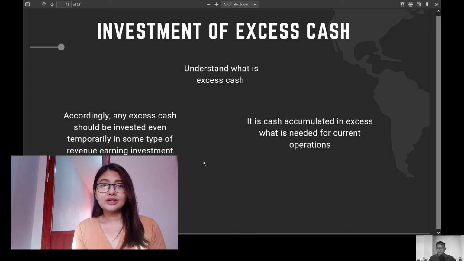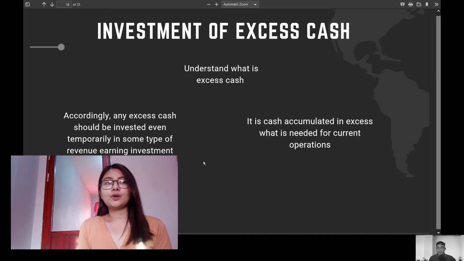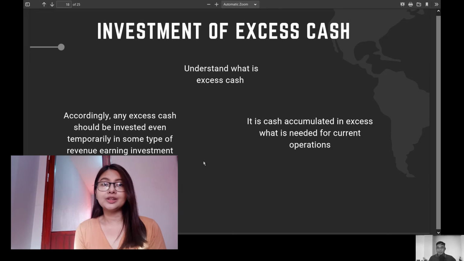I would just like to clarify, hindi mali na may sobrang pera ang isang entity. Actually, maganda nga that they have more than what they need for operations. But when we are talking about cash management, it is not right to keep that large excess of cash idle. That is why entities put it in temporary investments instead of just keeping it in banks so that it would earn income and that would be more beneficial to them.